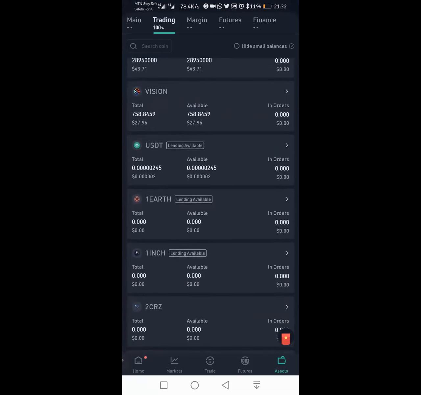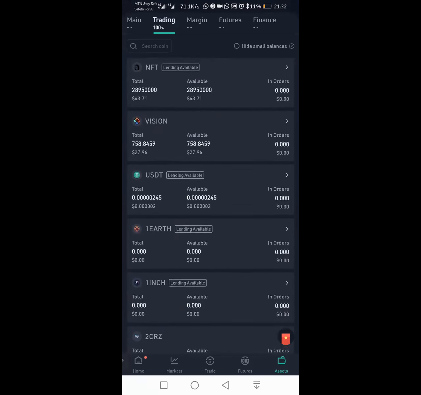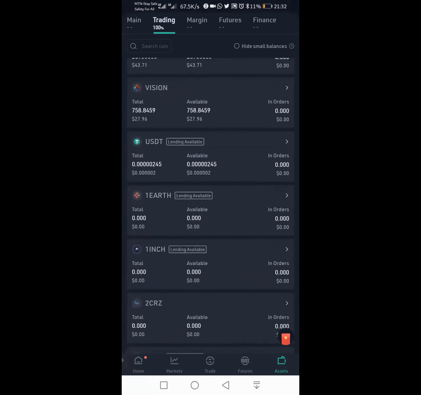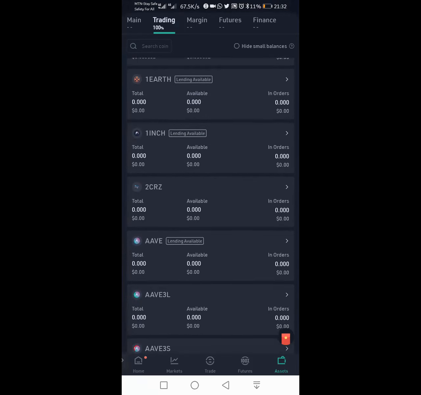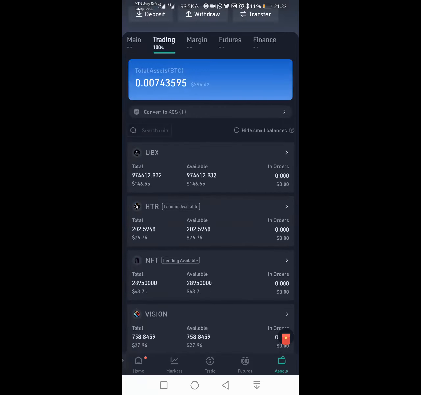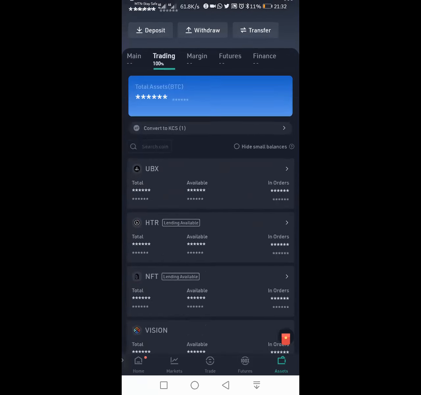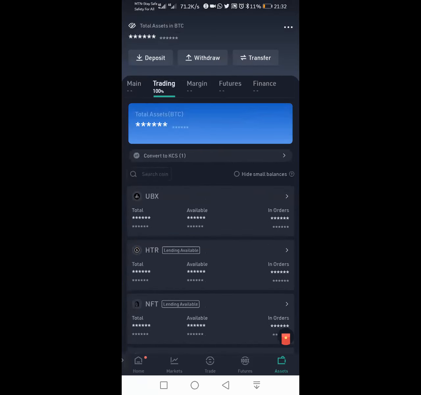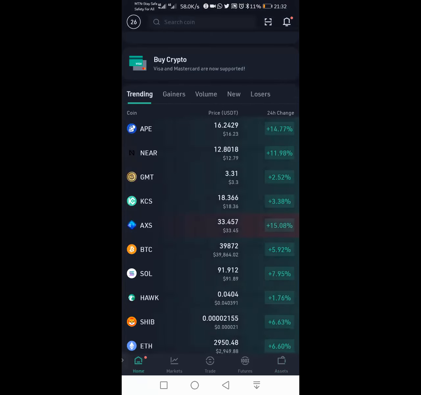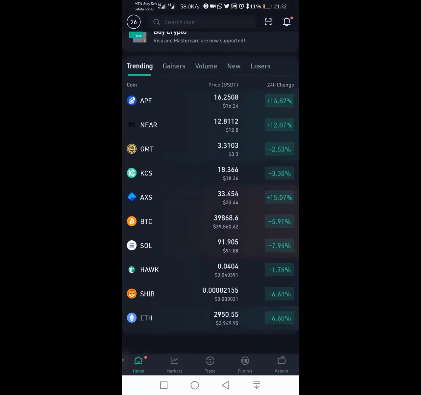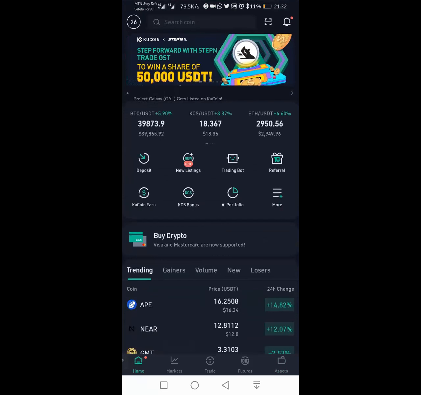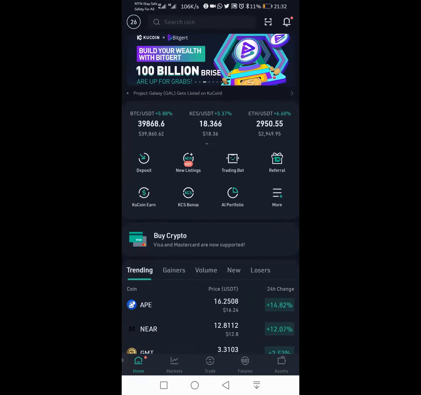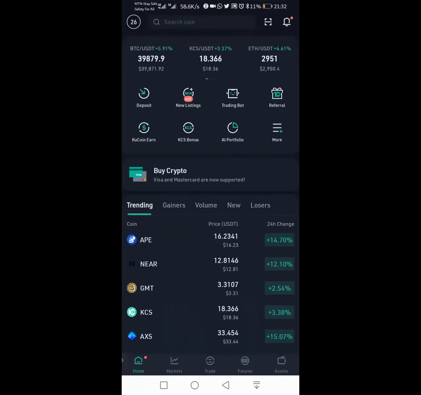Okay, we will just need to transfer money to KuCoin, while we will also use Binance though, because of some people who can access Binance.